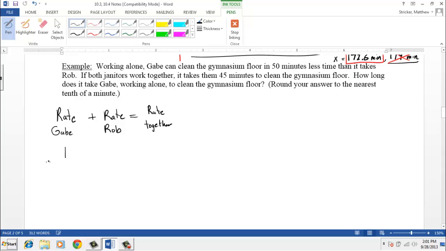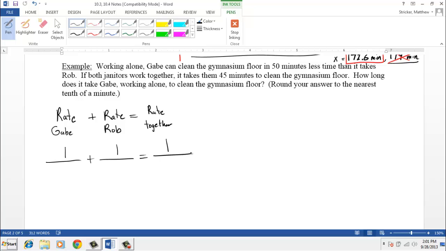Remember, this looks like 1 over some time plus 1 over time equals 1 over time. Pause the video and ask yourself, what goes in those denominators?